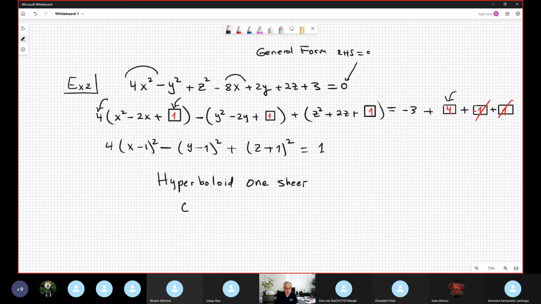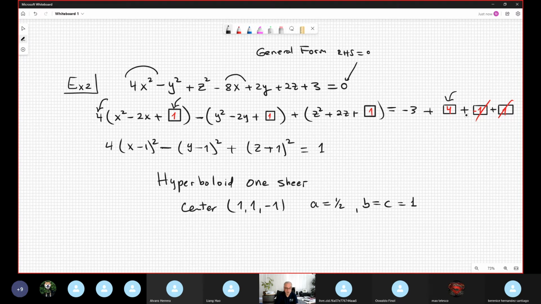And the center of the hyperboloid is located at the point (1, 1, negative 1). Remember, in the equation, when you see negative, in the point it is positive, the opposite sign. A is 1/2, B equals C equals 1, because it's 1/4, and the square root is 1/2.